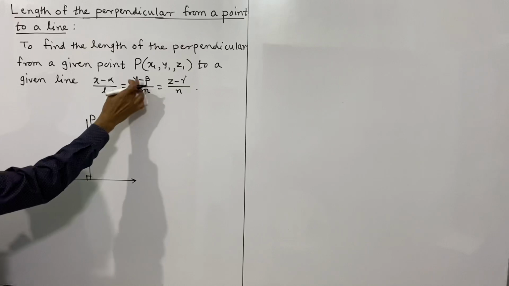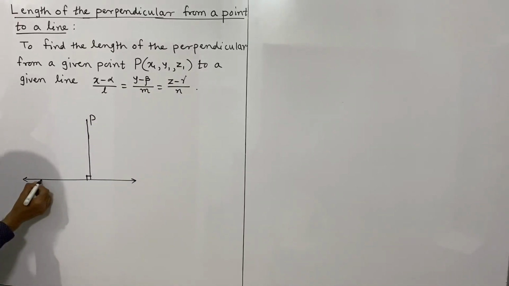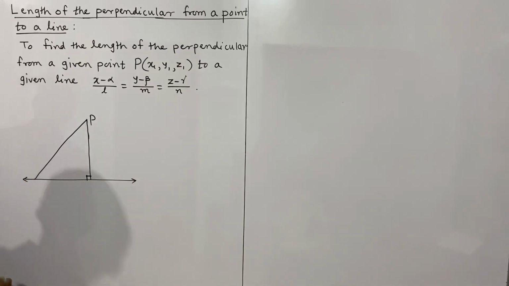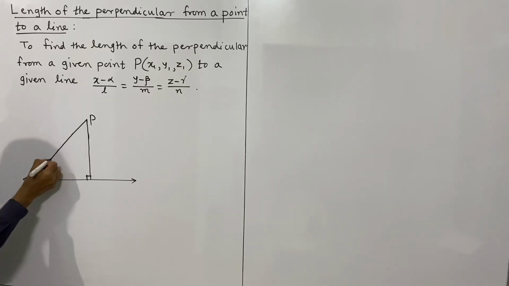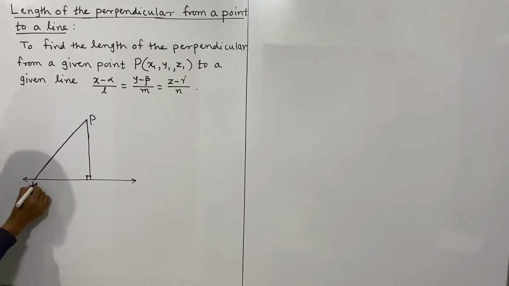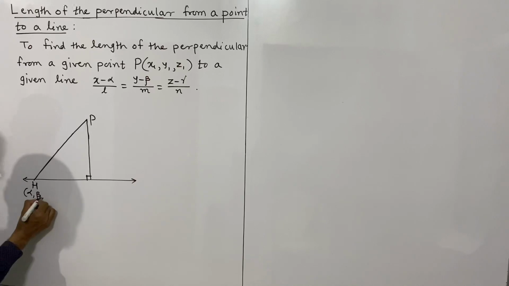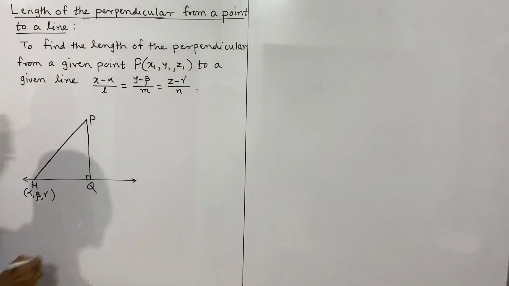Now let this alpha, beta, gamma be a point on the line. Let that point be here, and we denote the point by H.